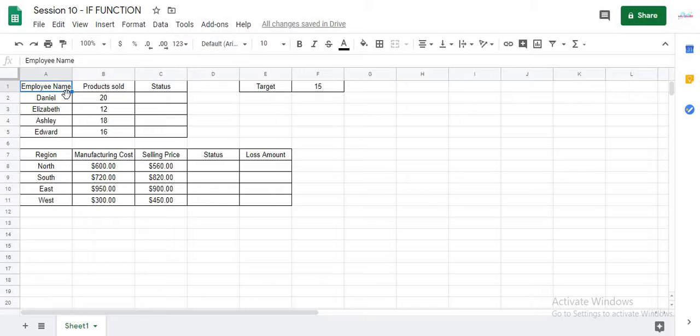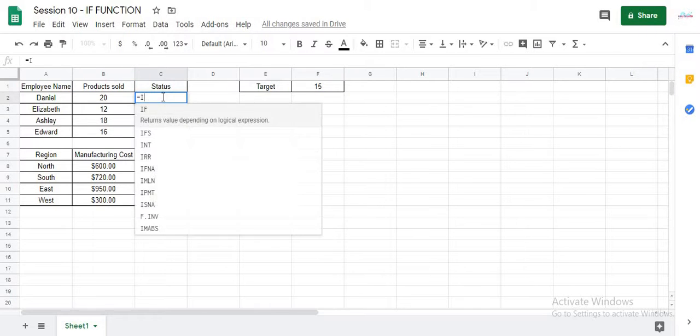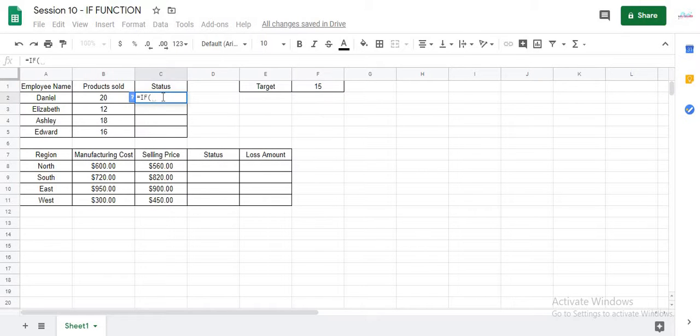Now let us try and understand the IF function with the help of this example, where I have employee names and products sold. The target to sell the products was 15. So I'm going to write a small IF function. It would be equal to IF, open the bracket, if the number present in this cell is greater than 15, which is the target, then I want the value achieved.